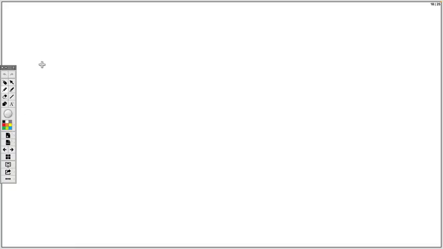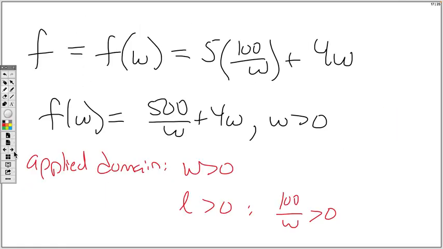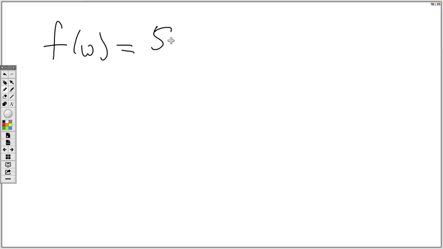So now we're off and running. So here's our f of w, 500 over w plus 4w. We're looking for w bigger than 0. And now we're off to look for critical numbers and see what's going on with that.